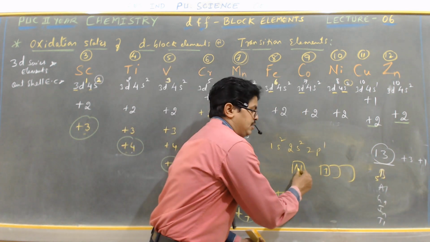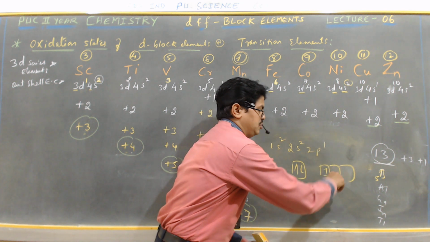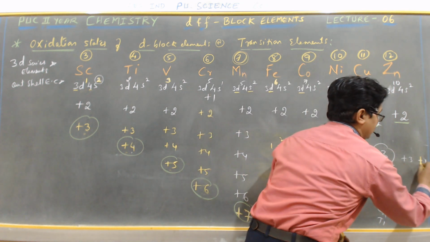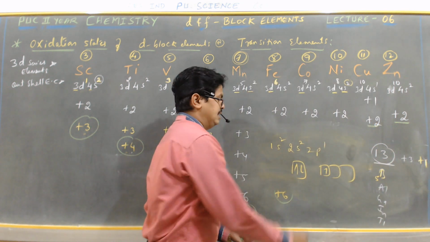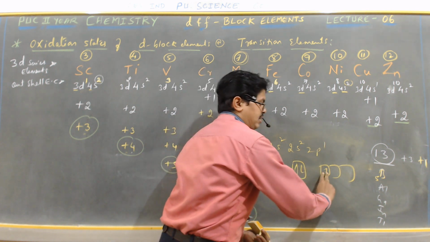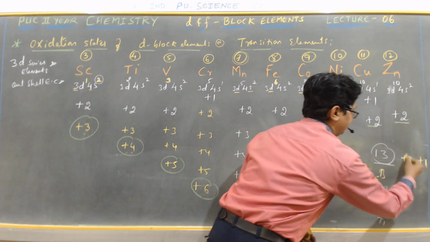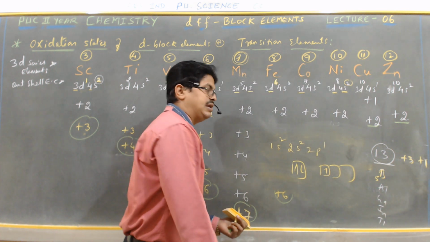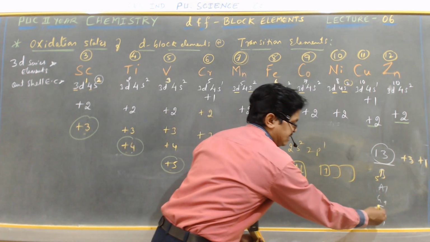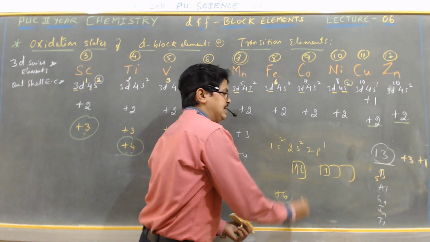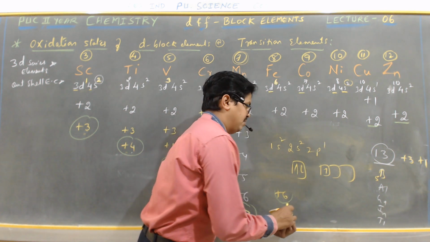Here, if only the P1 electron is involved in the bonding, it forms plus 1 oxidation state. If all the 3 electrons are involved in the bonding, it forms plus 3. But in the case of heavy elements like indium and thallium, these 2 electrons are not involved in bonding.